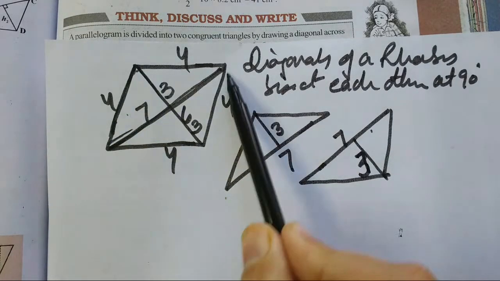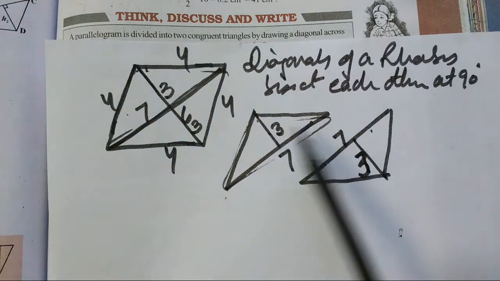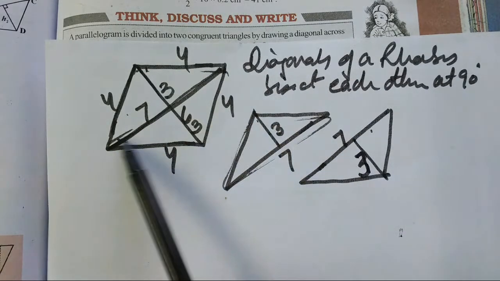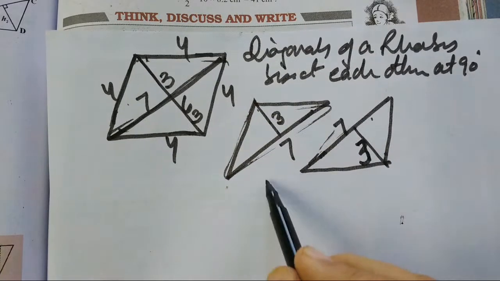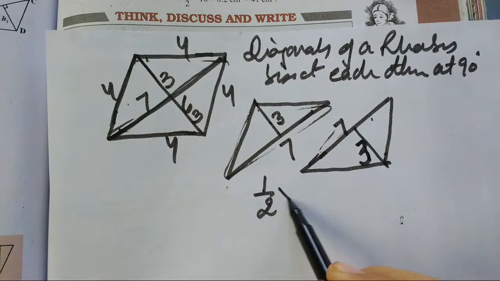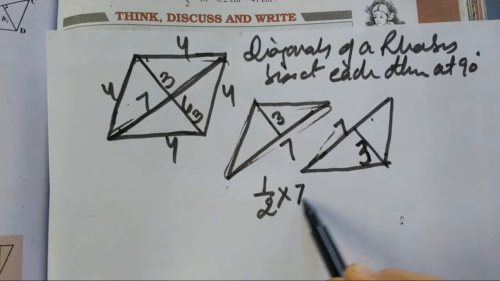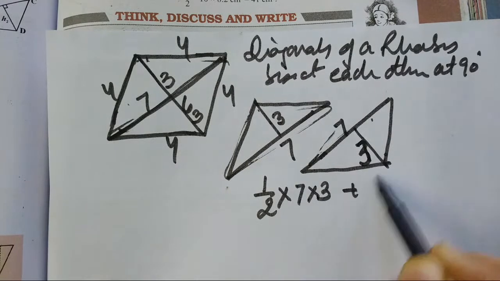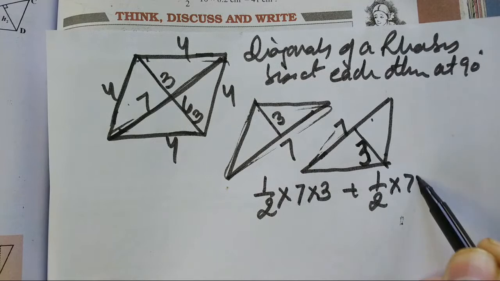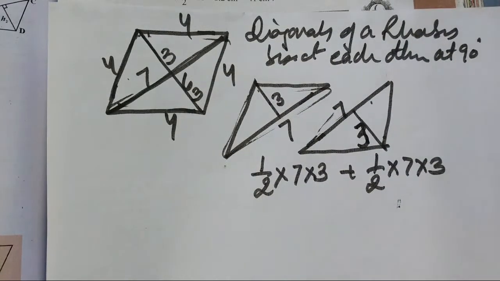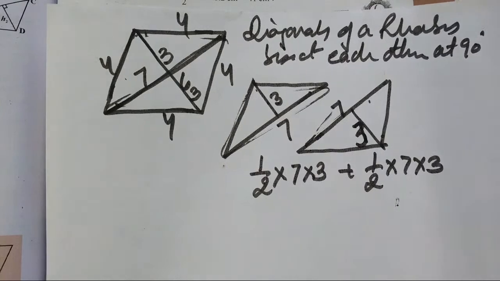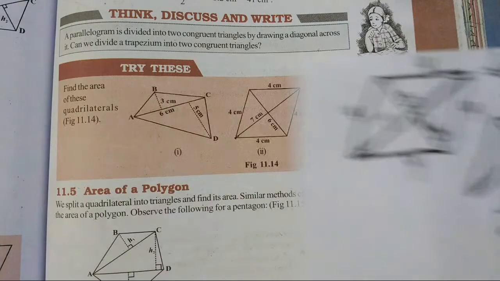The upper triangle is here and the lower triangle is here. Both triangles have the same measurement. So you will just find the area of the first triangle, half into base into height, and the second triangle will also be half into base into height. This will give the total area of the figure. So this is how we find the area of this figure.